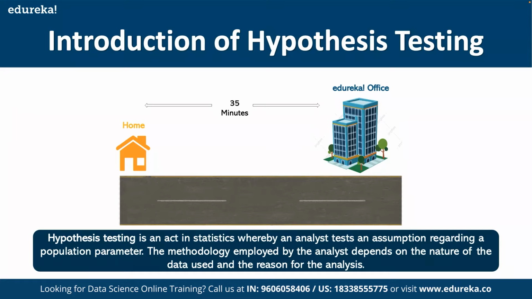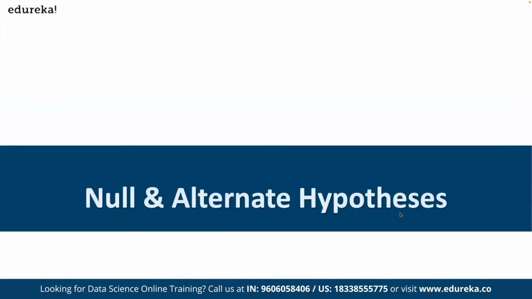These are all assumptions. Once we have an assumption, we call it a hypothesis, and we are going to test it. In order to test this hypothesis, we select a sample from the population and then perform the testing. The method we use always depends on the nature of the data and the reason for the analysis. That's the core idea about hypothesis testing.